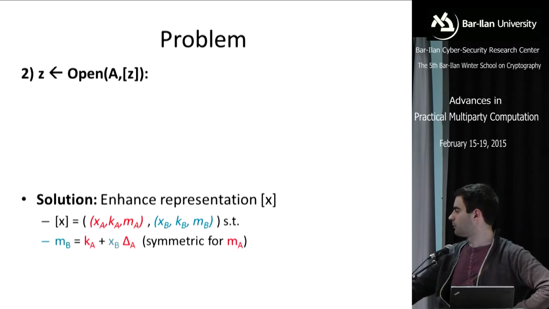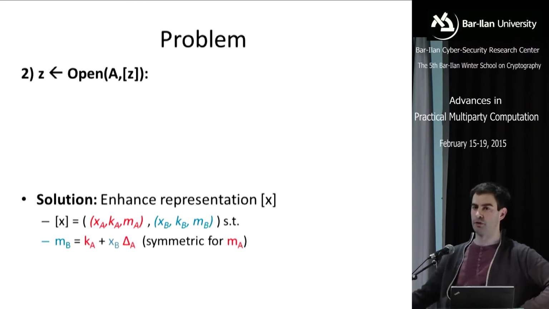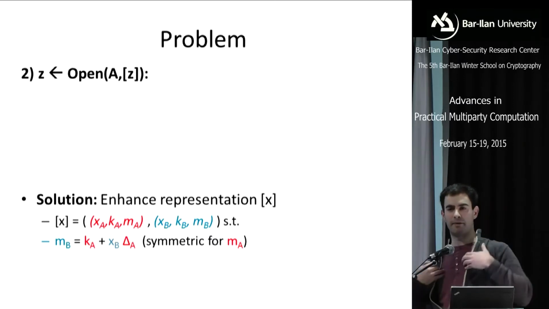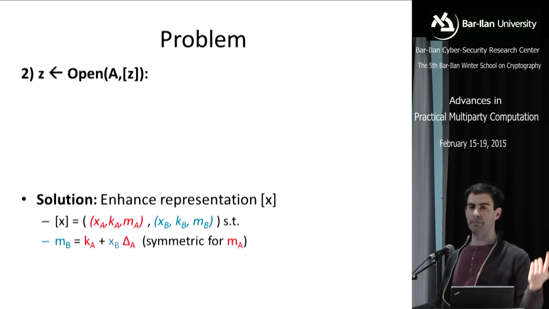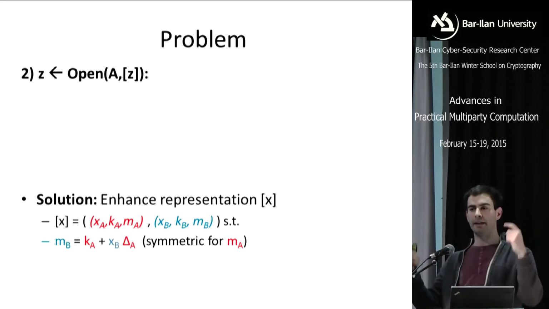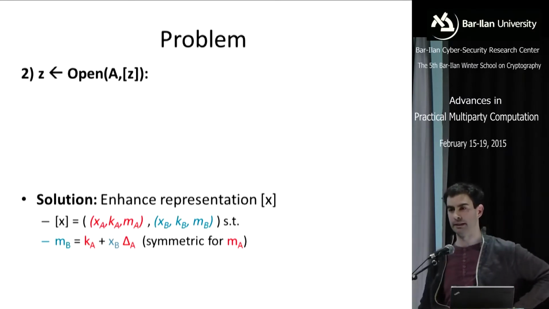You have some key, which is composed of 2 elements, delta A and KA, which you use to compute a MAC on XB. So this means that Bob has a MAC on his own value under the key of Alice. This of course makes sense: I have a MAC on the value I have under the key that you have. And the same thing goes symmetrically for Alice. So both parties have a MAC on their share under the key that the other party has.